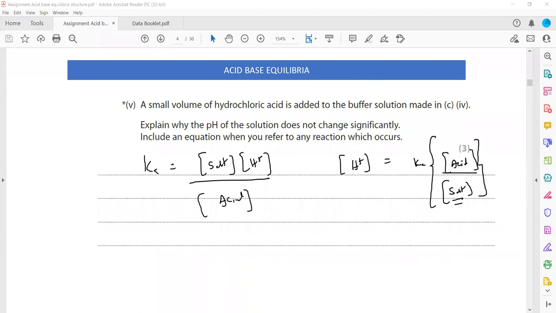How will you score the 3 marks? When we add an acid, the equilibrium will shift towards the left hand side, and these are the points you should mention. First, you will have a large amount of lactate ion.